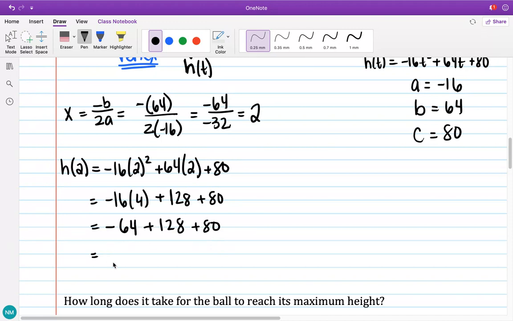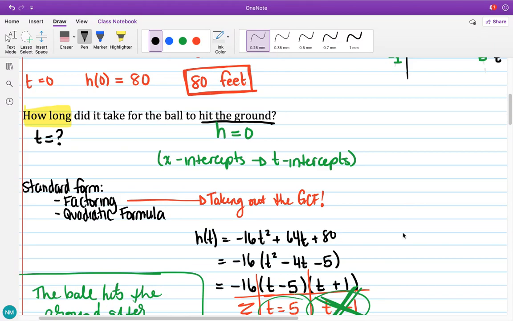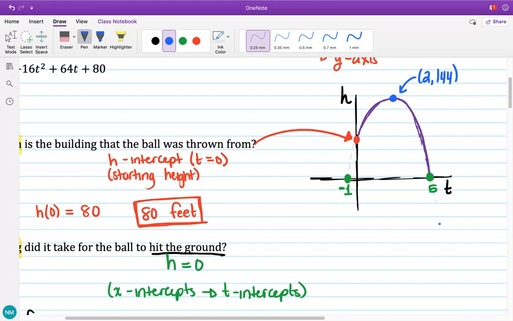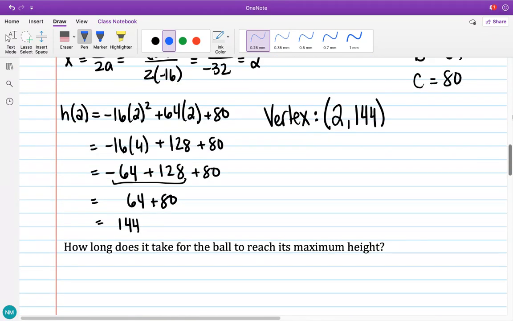This is 64 plus 80, which is 144. So my vertex is 2 and 144. That's up here. Let's come back up here. Right here. 2 and 144.